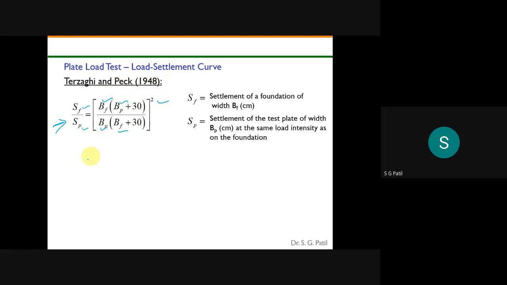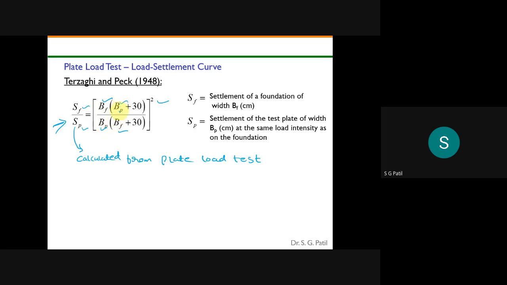So from the experiment, what are the things you know? I have calculated this one. Calculated from what? Plate load test. Settlement of the plate I know. Breadth of foundation I know, breadth of plate also I know.